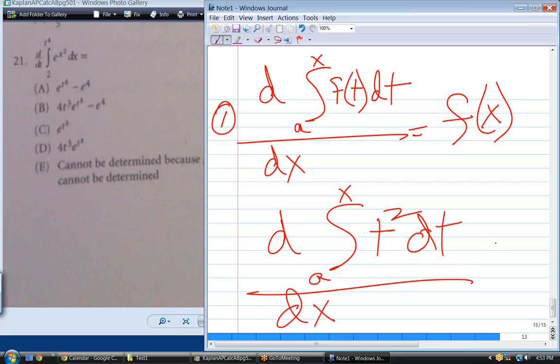This is x squared. This is the answer. If I take the derivative of t squared from a to x, I just substitute x for t, change the whole thing to a function in x. And it doesn't matter if a is negative, 0, or a billion. If you go from some constant to x, then you can just substitute the x into whatever the variable is in the function you're dealing with.